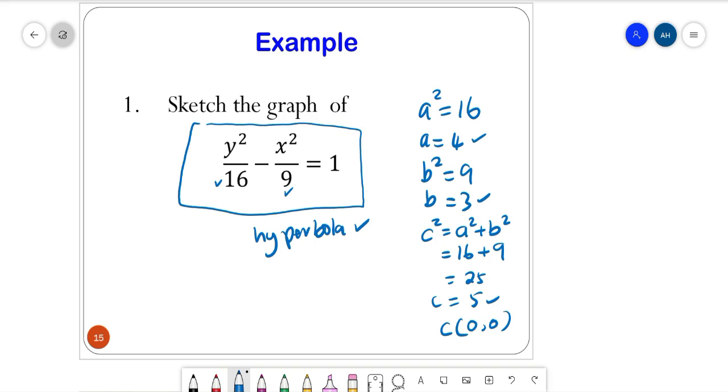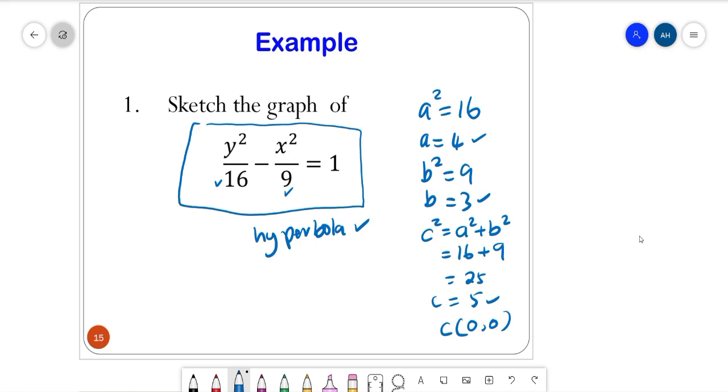So I think that's all the information that we need: the center, the values for A, B, C, and the shape here. Okay, confirm that it is a hyperbola. Now, the next question we may want to ask is, is this hyperbola with transverse axis vertical or is it horizontal?